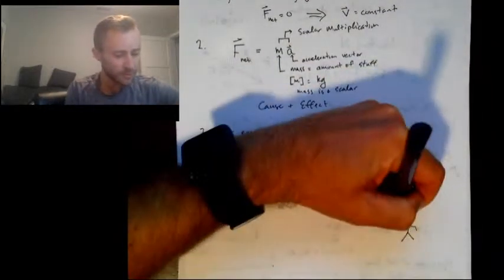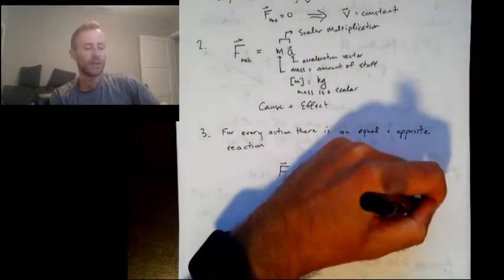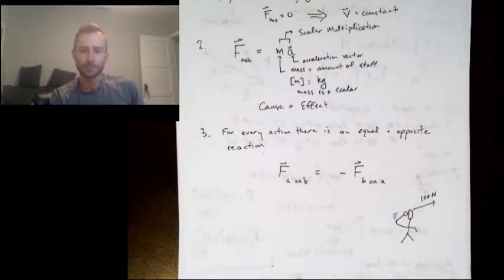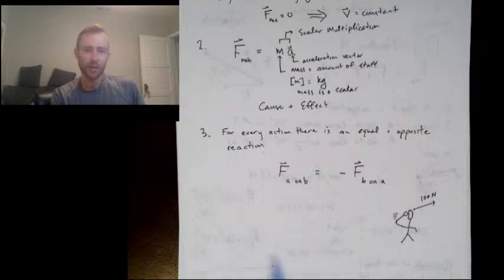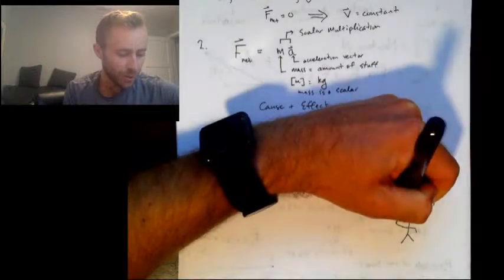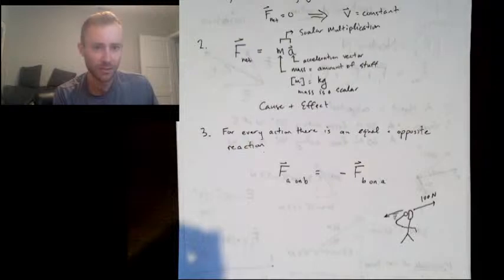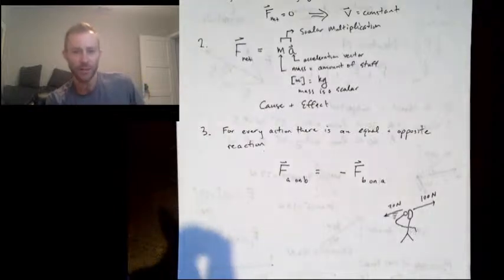I punch myself in the forehead like this. And let's say that I exert a 100 Newton force on my face. What if the reaction was not equal and opposite to the action? Then the force that my face exerts on my fist could be different from 100 newtons. So maybe this force is only 20 newtons. So this would be a case where action and reaction are not equal and opposite.